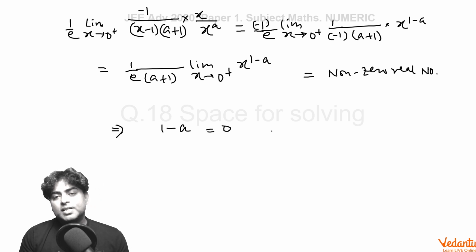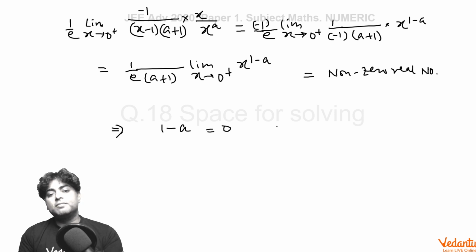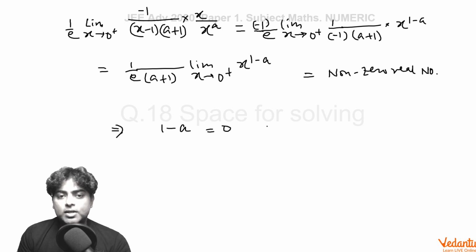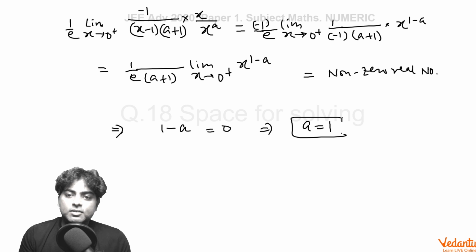Because if 1 minus a is negative, the limit becomes infinity, and if 1 minus a is positive, it becomes 0. So in order to get a non-zero real number as limit, 1 minus a has to be 0. So we get the value of a as finally 1.